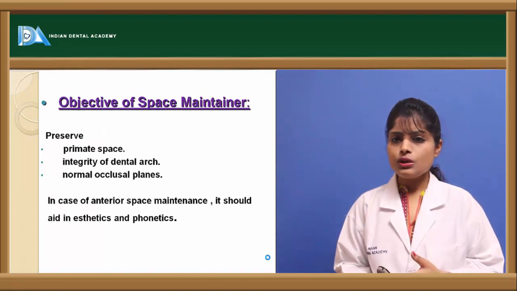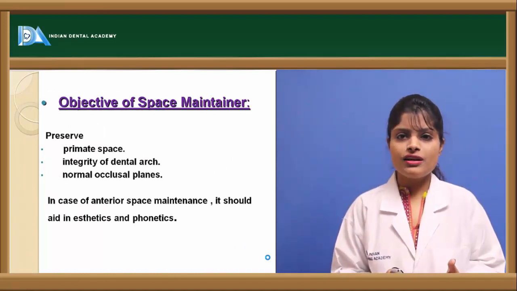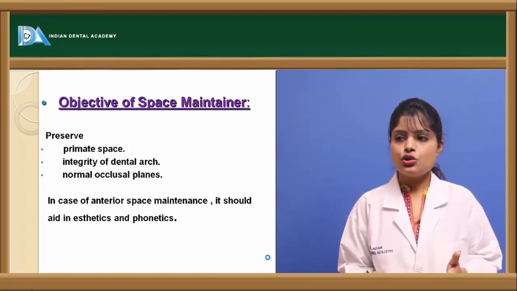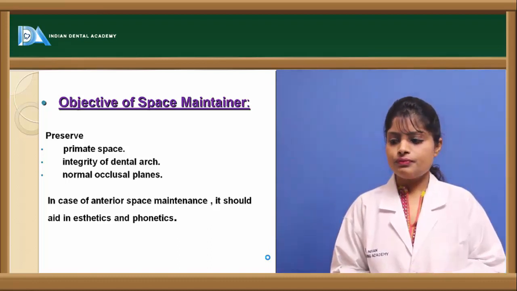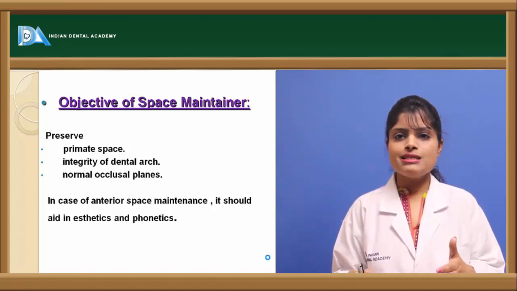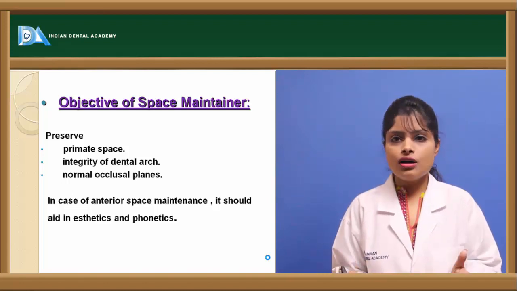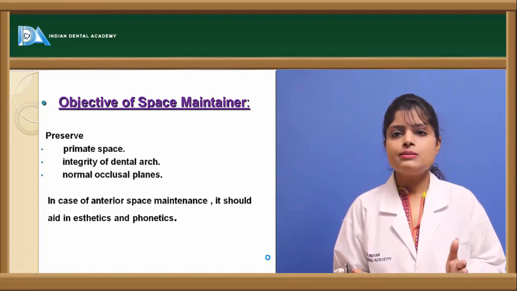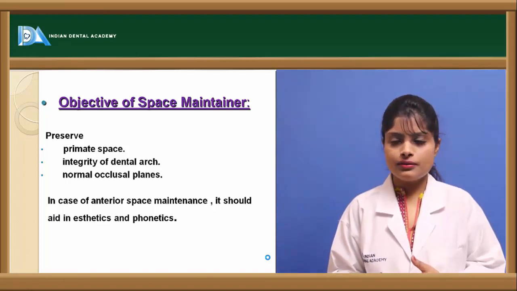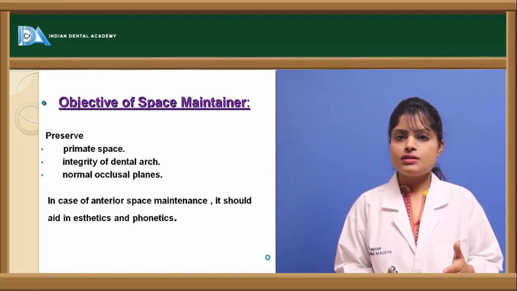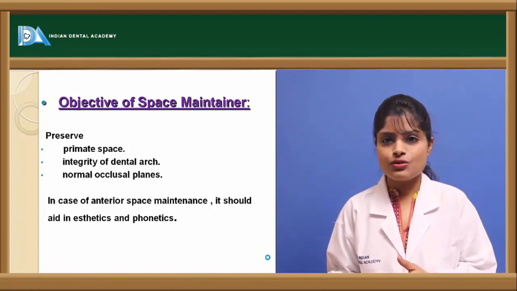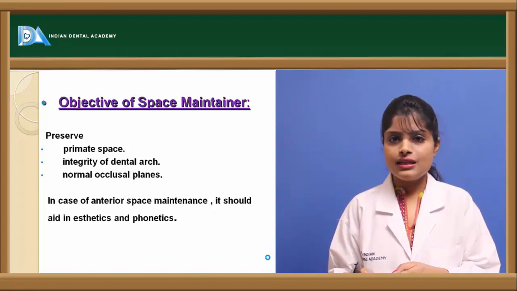Now, what are the objectives of giving a space maintainer, or why at all should a space maintainer be given? First of all, the main aim of a space maintainer is to preserve or maintain the ideal space which is required for the eruption of the permanent successor. Then, to preserve the primate spaces or the physiological spaces which are already existing in the arch.